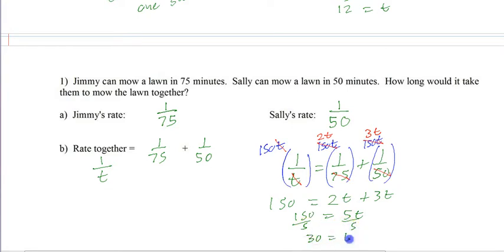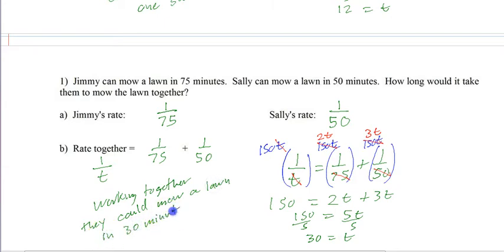That's T equals 30. So, working together, it would take them 30 minutes. So working together, they could mow a lawn in 30 minutes. And that's it.